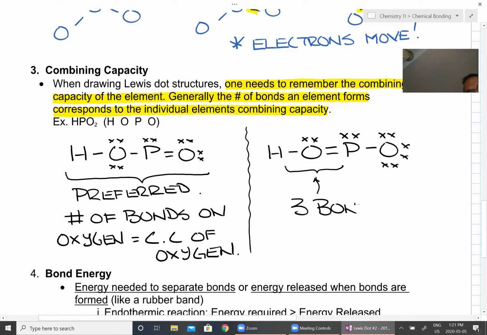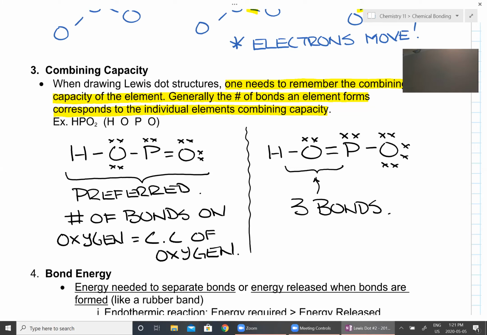Now, it's not saying that it doesn't exist, but to reduce the amount of repulsion between the electrons and the bond angles and these things that you talk about in 11 honors, you prefer to have the number of bonds equal to the charge or the combining capacity of that particular element, okay? Now, if it doesn't work, okay, but if it can, like this, they try to fit it in, all right?